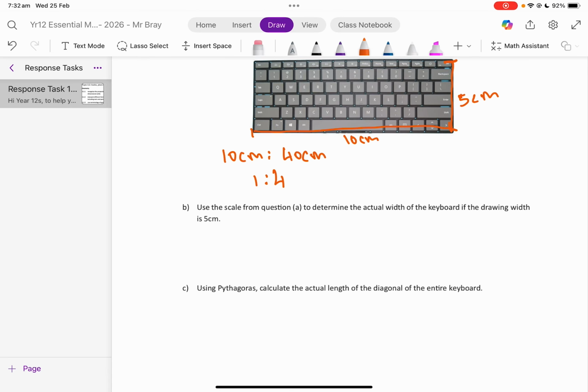Well, if we take our scale, 1 is to 4, and I want to get to 5, hopefully you can see that to get from 1 to 5, I have to multiply by 5. So whatever I do to one side, I'm going to do to the other. We're going to multiply this 4 by 5, and we will find that the real life width of the keyboard is 4 times 5 is 20.